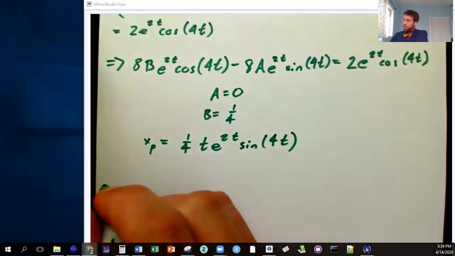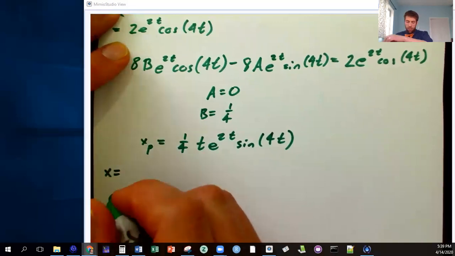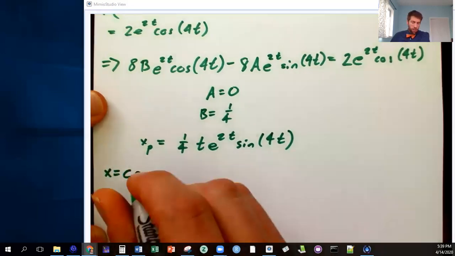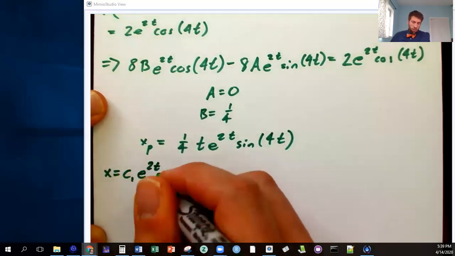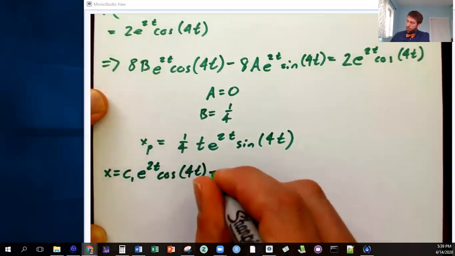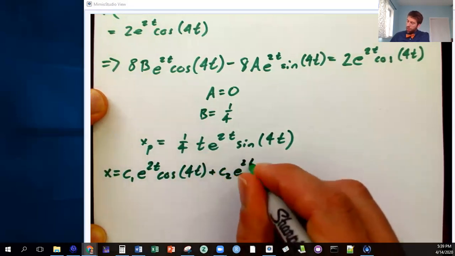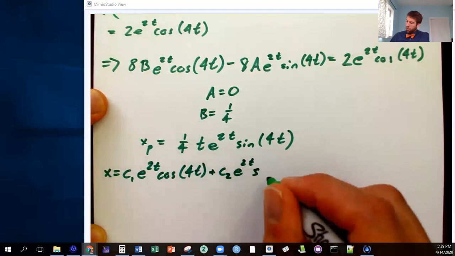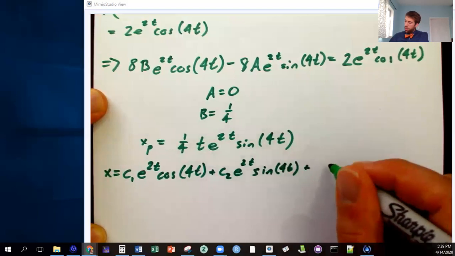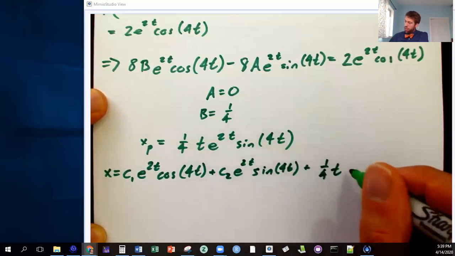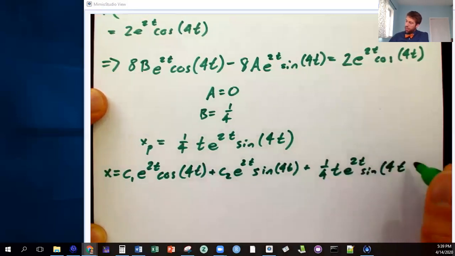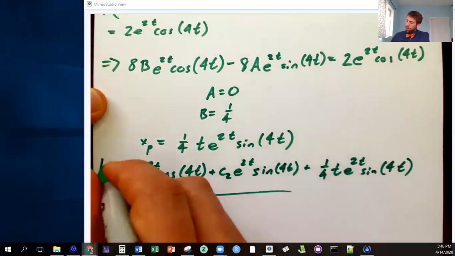So then my completed solution is to combine the general solution, which was c1 e to the 2t times cosine 4t plus c2 e to the 2t times sine of 4t, and then plus 1/4 t e to the 2t sine of 4t, and that, ladies and gentlemen, is the answer.